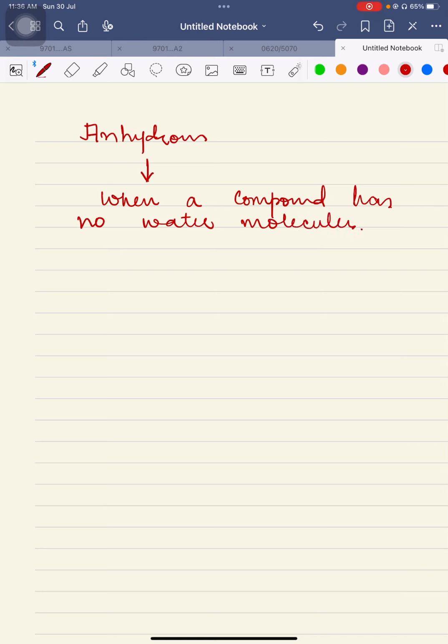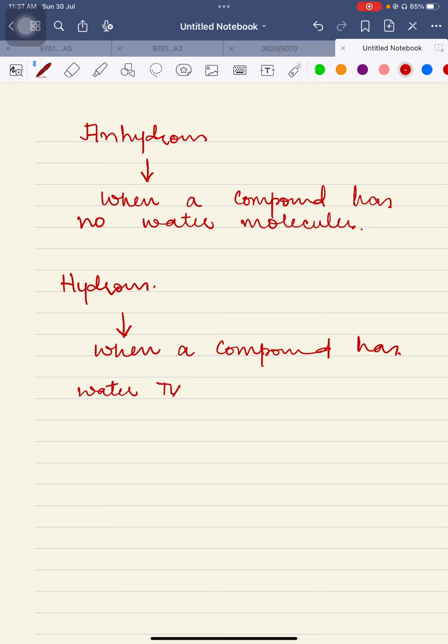And then there is a term hydrous. When a compound has water of crystallization, okay, I will tell you this term as well. When a compound has water molecules, you may say hydrous.